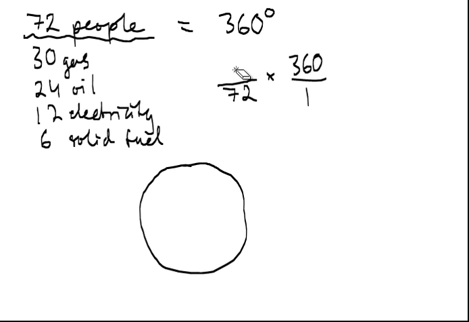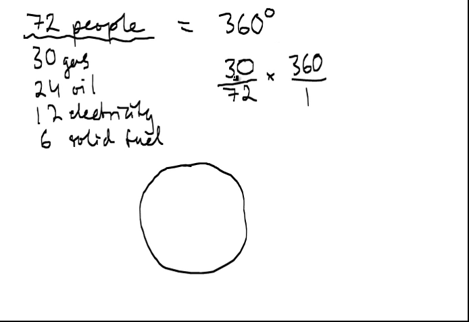Let's start with gas. So 30 people were using gas, 30 out of 72, and then times 360 over 1, because one full circle is 360 degrees.